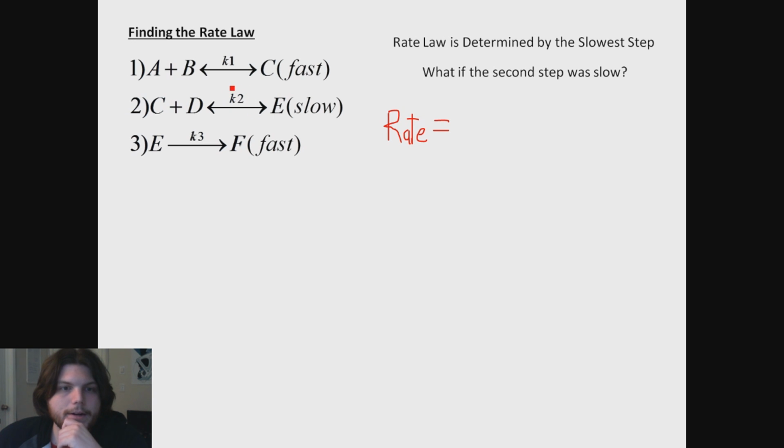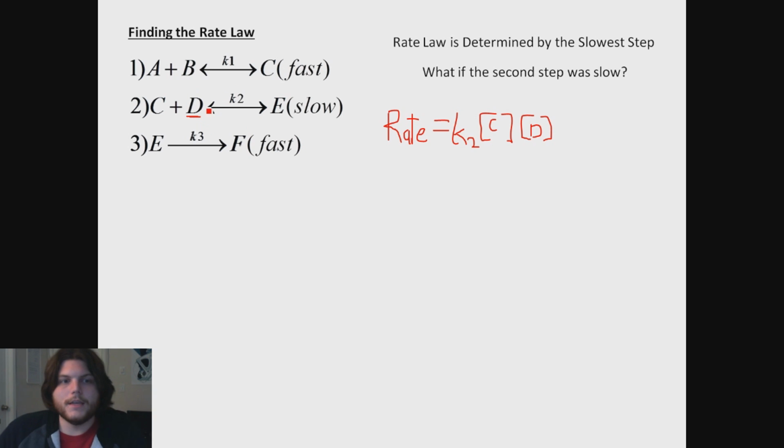So K2 here, this reaction is our slow step. So our rate is going to be based off of the forward reaction here, K2, times our concentration of C times our concentration of D. Now, you may think, awesome, that's super simple, but the issue becomes, looking at this, D is a reactant, right?